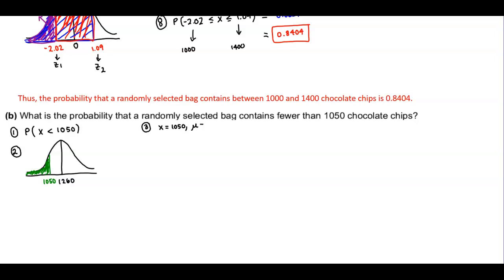We know that the mean is 1,260 from the given information. And we know the standard deviation is 129. So using our formula, z is equal to x minus mu over the standard deviation, which equals 1050 minus 1260 all over 129, which we can round to a z-score of negative 1.63.